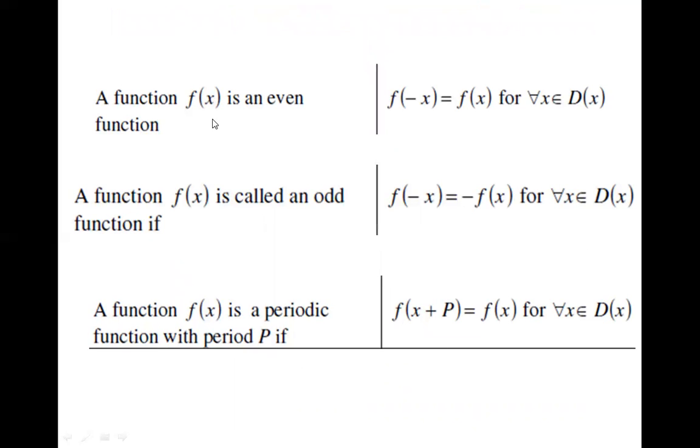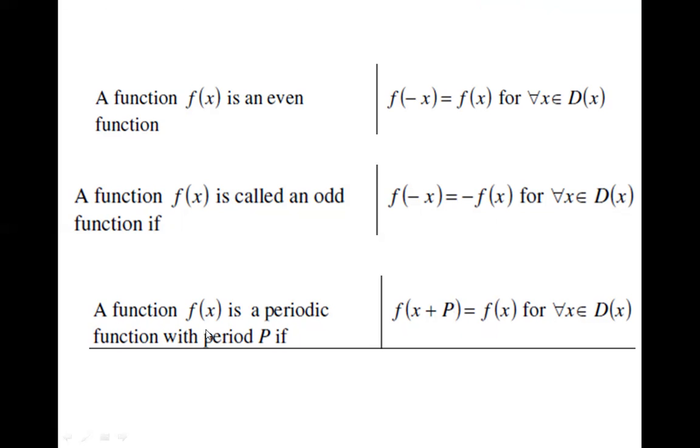Definition: a function f of x is an even function if f of minus x is f of x for any x belonging to D of f. A function is called an odd function if f of minus x is minus f of x for any x belonging to D of f.